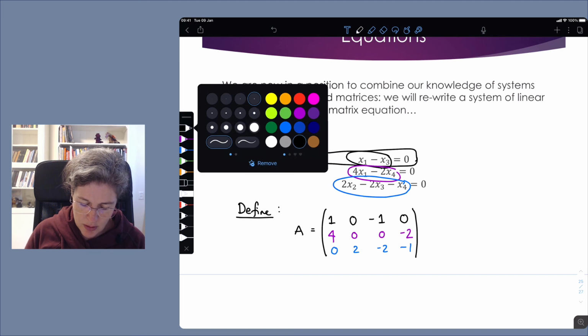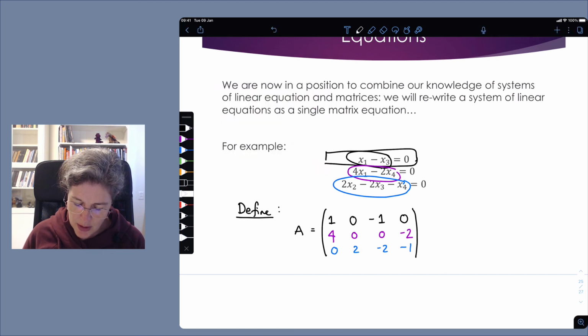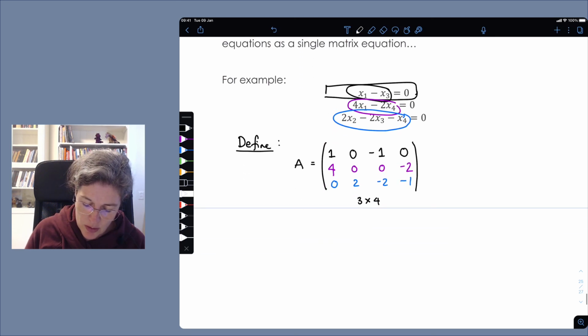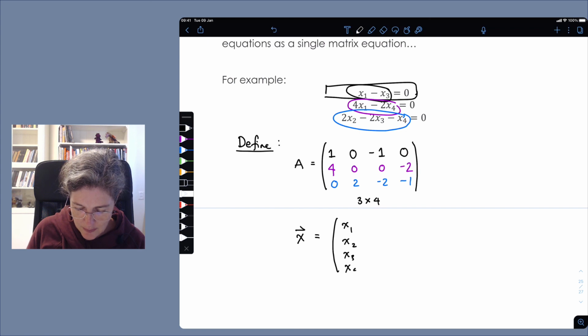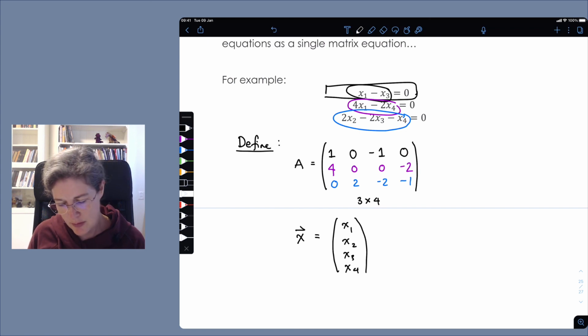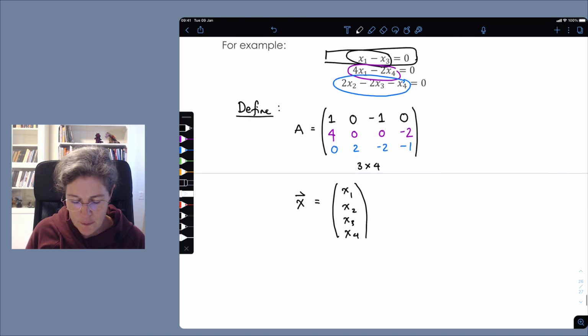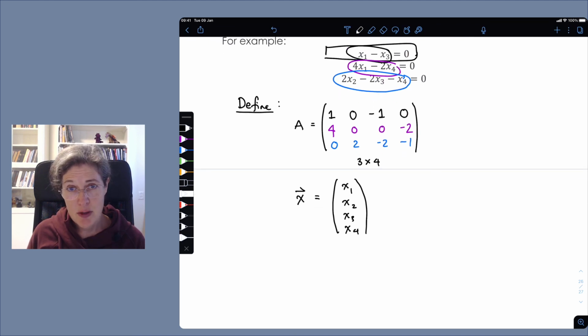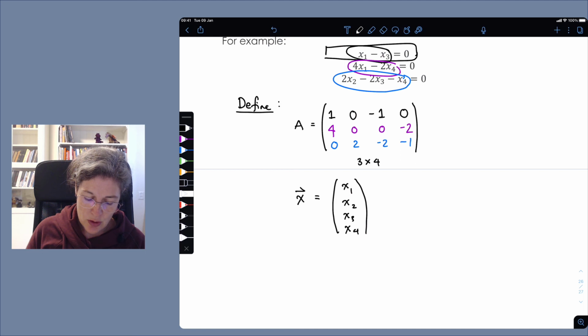And the thing to note here is that this is a 3 by 4 matrix. I'm going to define a vector which is going to be x1, x2, x3, and x4. And finally, now I can write my matrix equation very neatly, which looks like this.